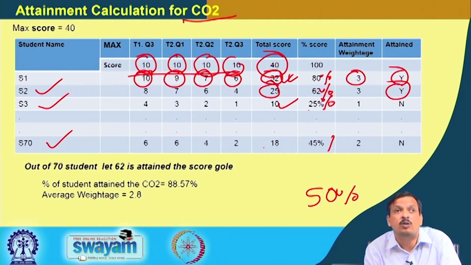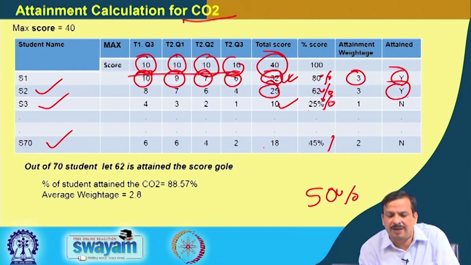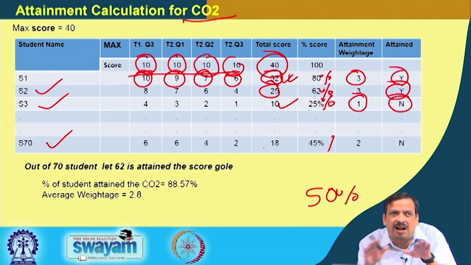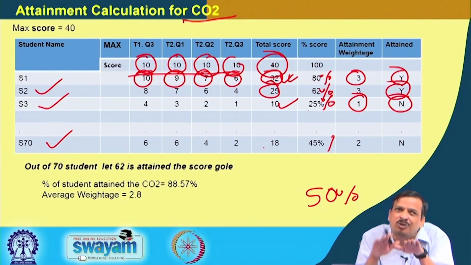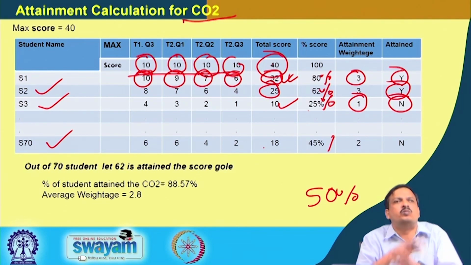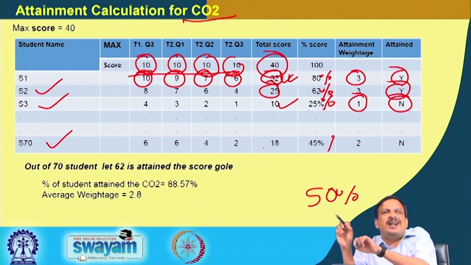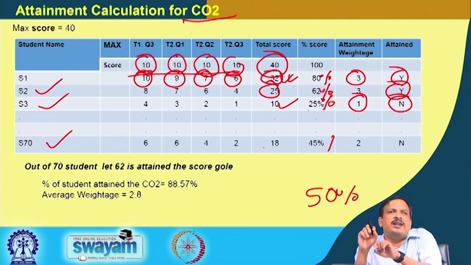This student has 25%. So, his attainment is not there and the weight vector is 1, because in ideal cases I want all 70 students to attain CO2. Once I do the evaluation and certify the competence of the students, out of 4 COs, some students will attain 3, some will attain 2.